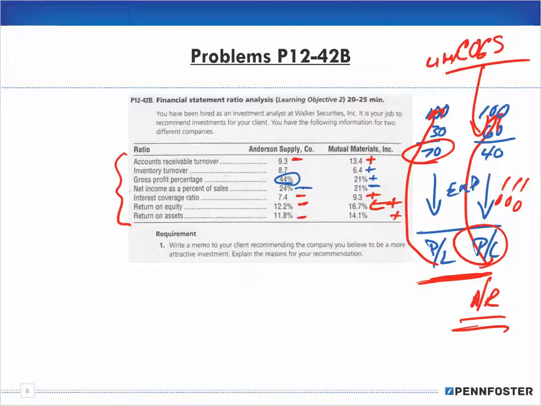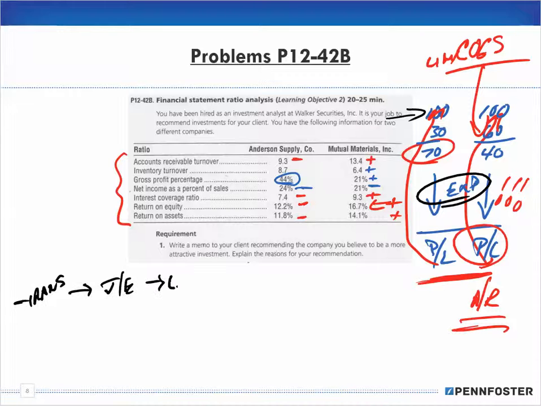Okay, Mutual Materials here, they have to buy stuff, okay? And every time they buy something, that's a transaction. And they also make sales, okay? Those are transactions, and those transactions get put into your journal.